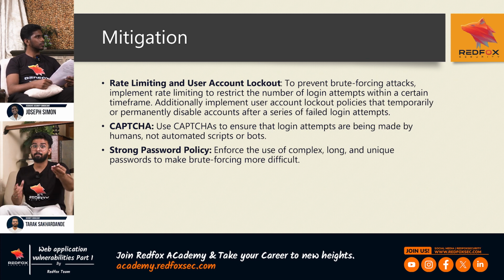A very common example is if you are accessing your bank application and you enter a wrong password once or twice, you probably get frustrated because of the account lockout, but that's actually a good mechanism. Secondly, implementing CAPTCHAs is also one way to go about it, and obviously you can't send multiple requests because you have to verify those CAPTCHAs as well.